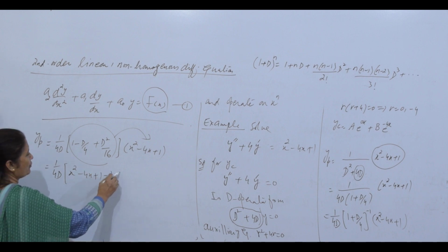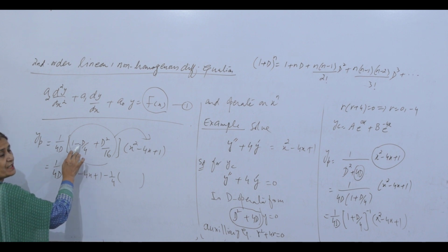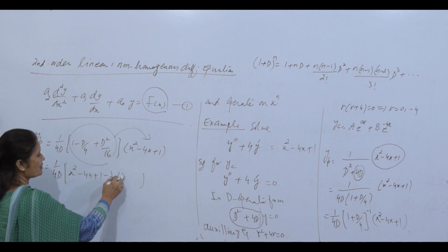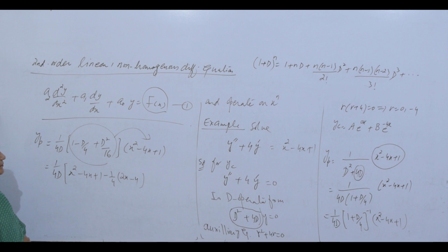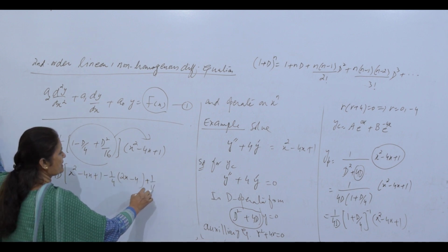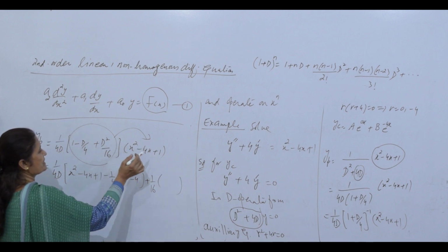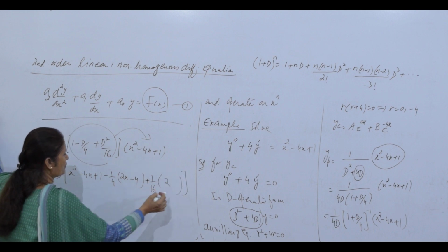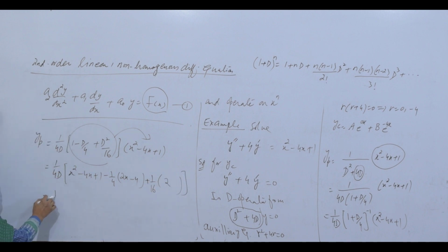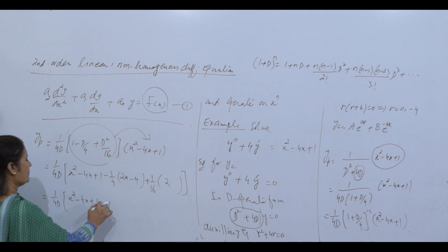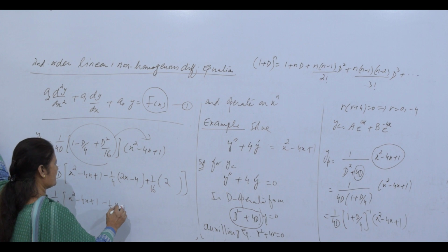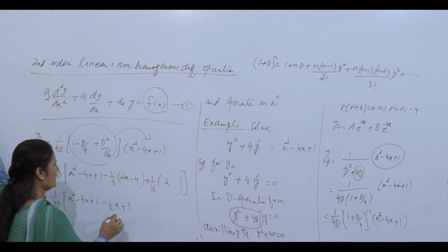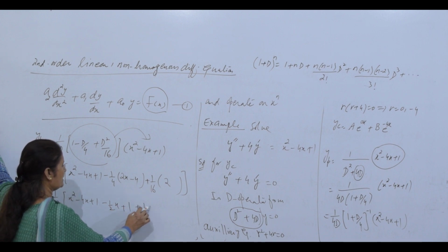Minus 1 by 4 is taken out, capital D means differentiate once, which gives 2x minus 4, plus 1 by 16 outside, differentiating twice gives 2, and the bracket closes. With 1 over 4D outside, simplify: x squared minus 4x plus 1 minus half x, and minus minus plus 1, plus 1 by 8.